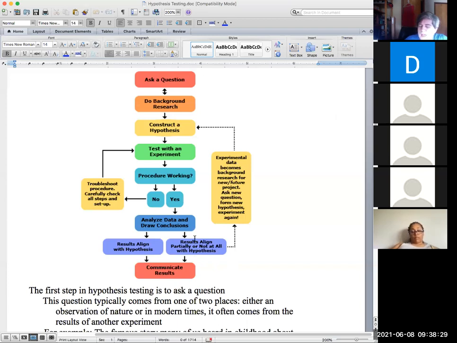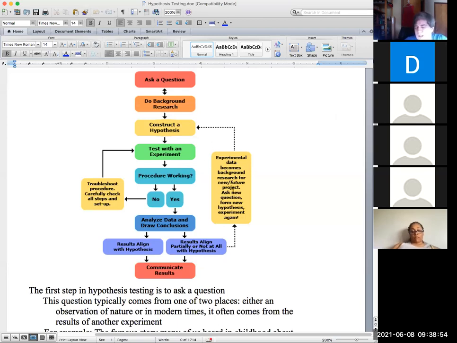Now notice we said that you might decide to modify your hypothesis. If you modify your hypothesis, it's a little bit different. So then you have to test your modified hypothesis in an experiment and do the things that we talked about. Make sure that you get quantitative results. Make sure that you control for other variables that could affect your results.